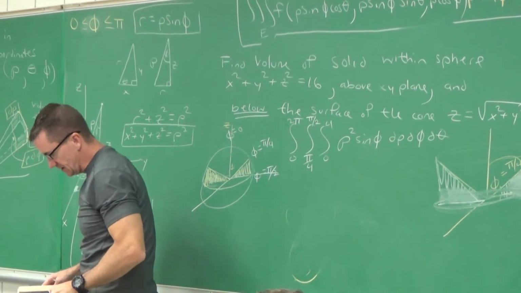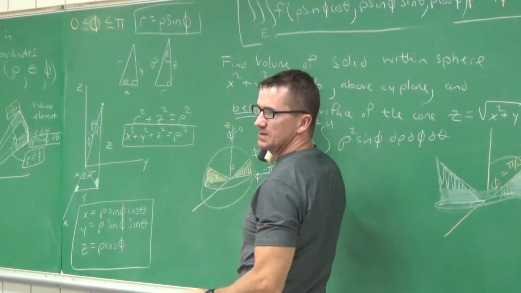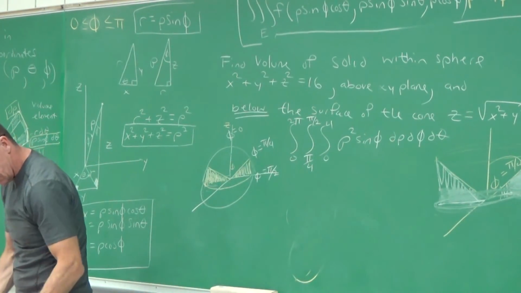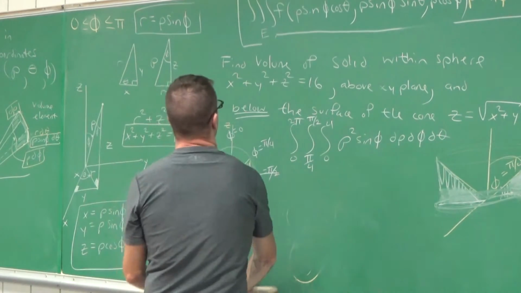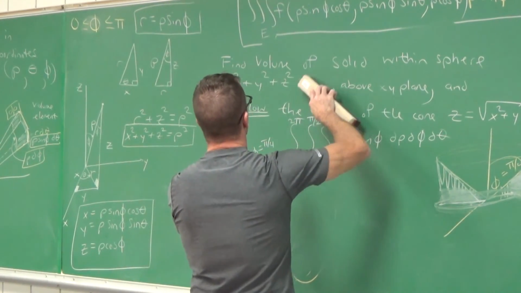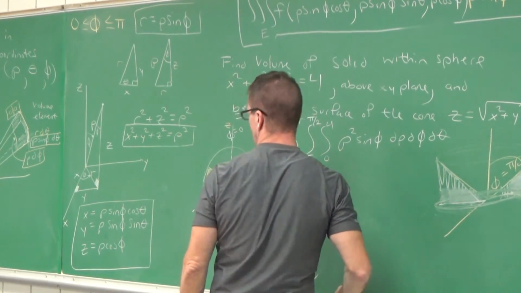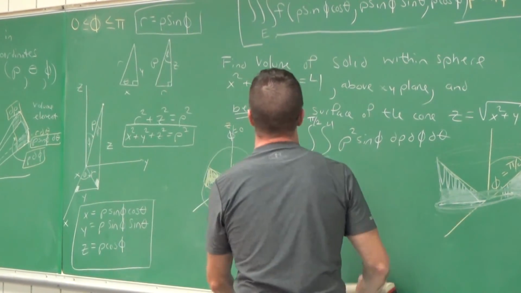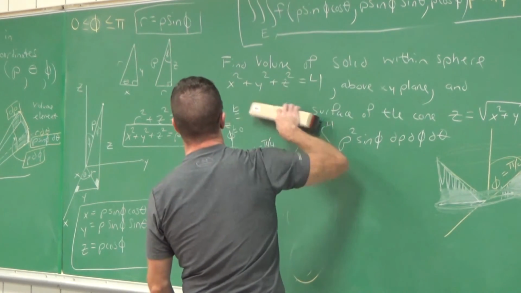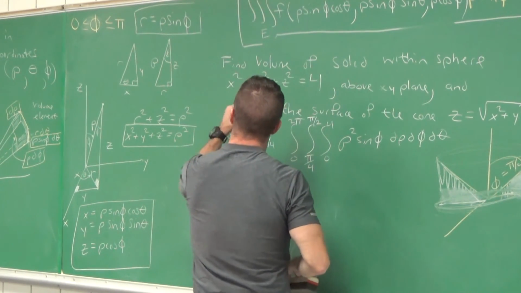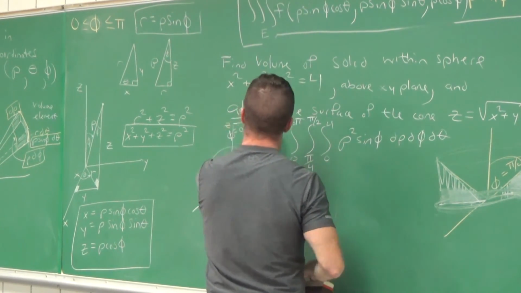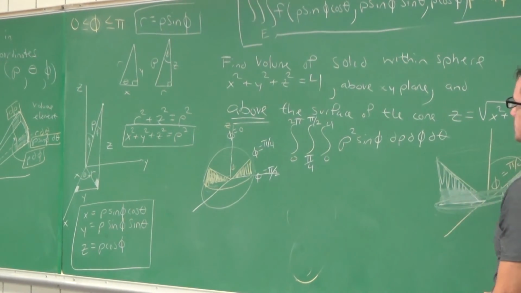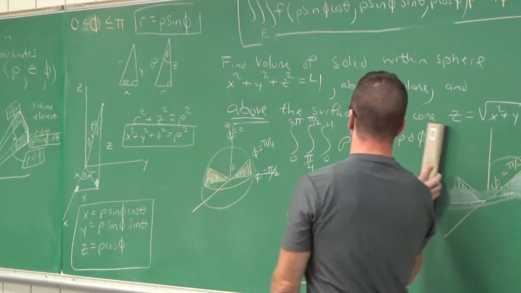Within the sphere, I'm going to use the same 16. Let's use a 4. Use the same one on that sheet. Above the xy plane, but this time, above the surface of the cone. Same equation. So that gets a whole new setup.